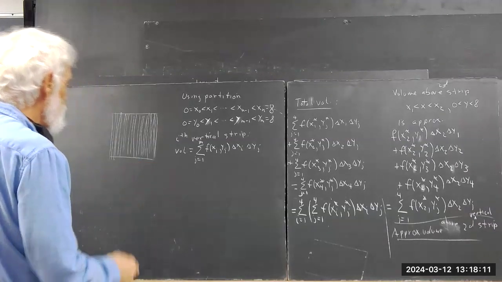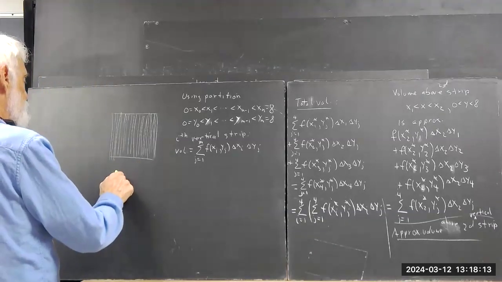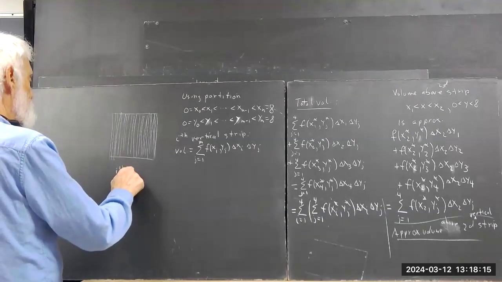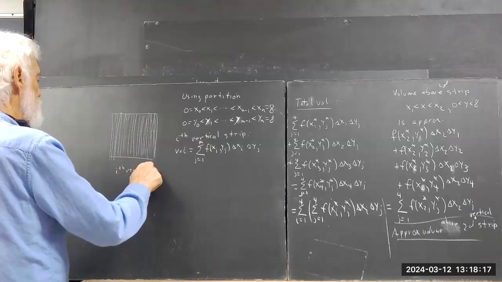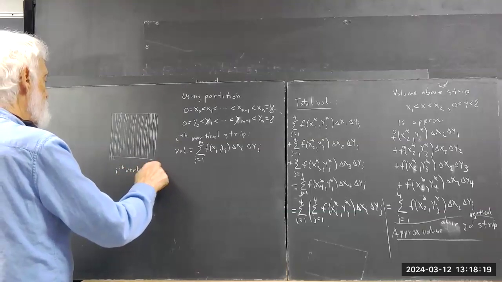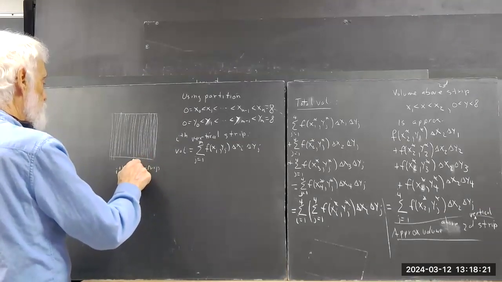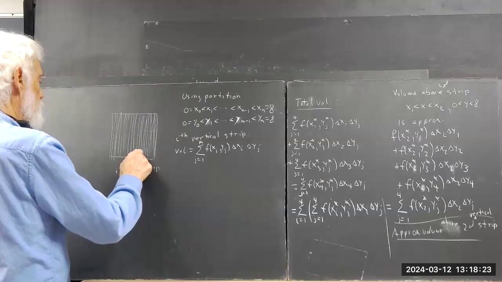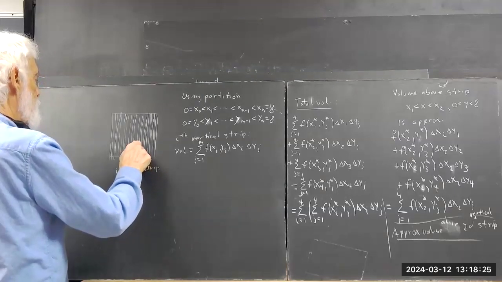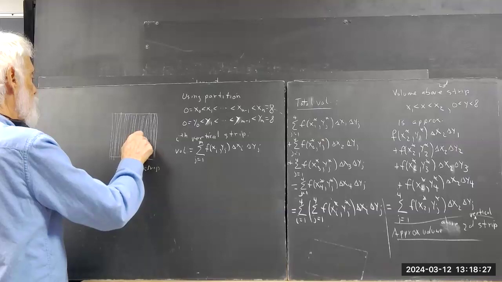And then, of course, for the ith strip, let's say this is it, you could pick any one of them, we can divide that up.